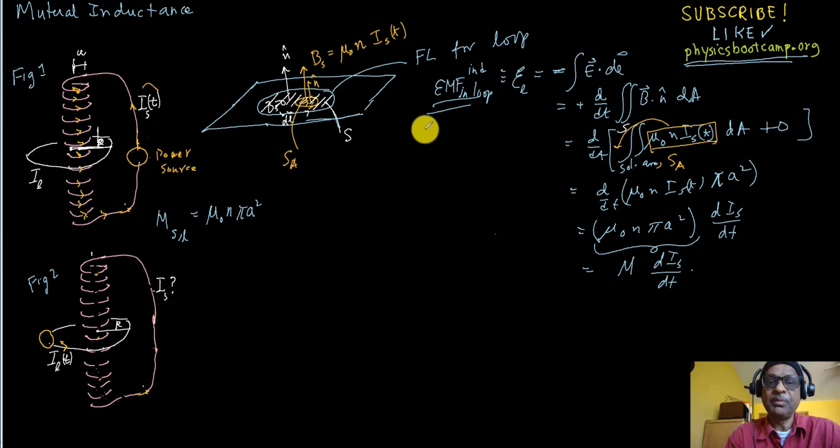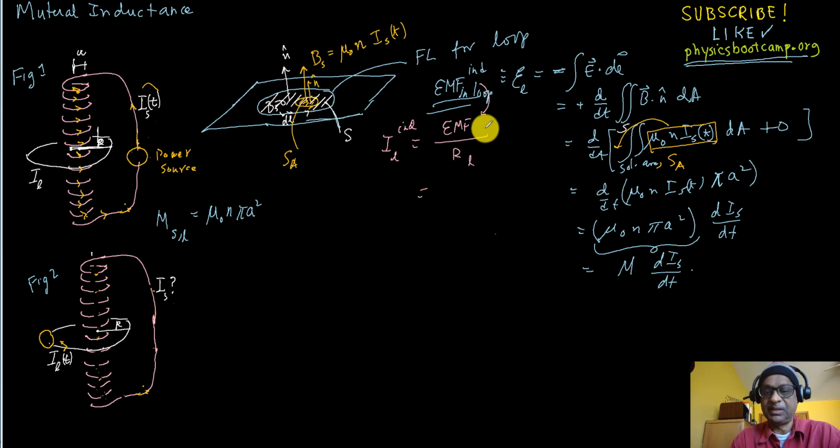So what's the current in the loop? The induced current in the loop will be this EMF over the resistance in the loop, because that acts like a voltage. So M over R_L, with M being that, times dI_s/dt.